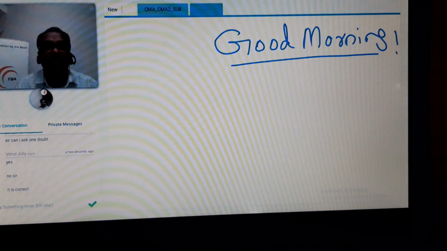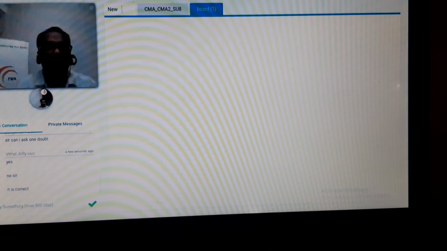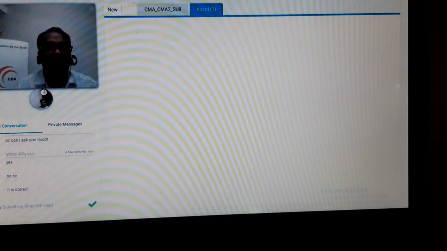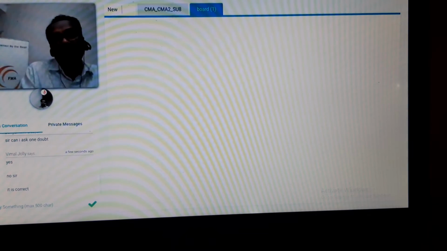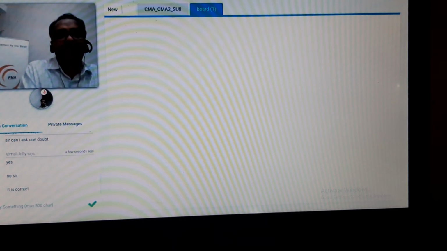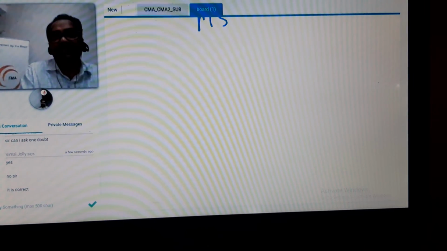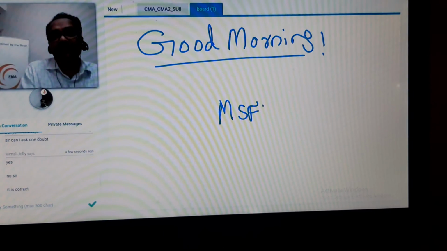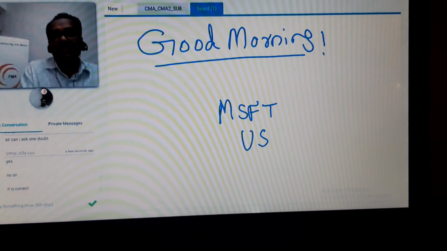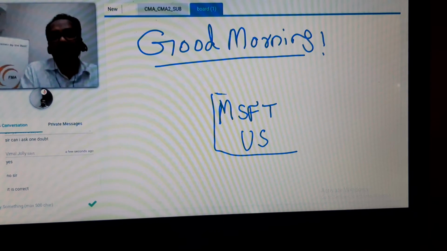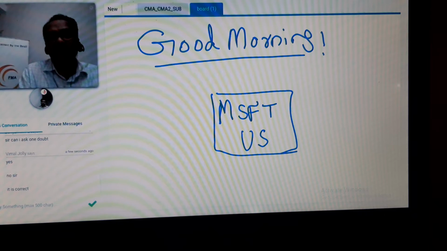So let me give an example. This is the case of a multinational company, Microsoft, their stock is represented by the symbol MSFT. It is based in the US.